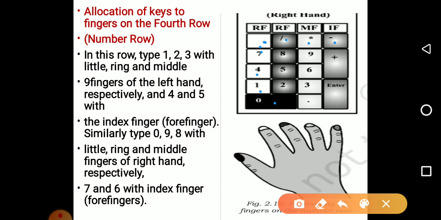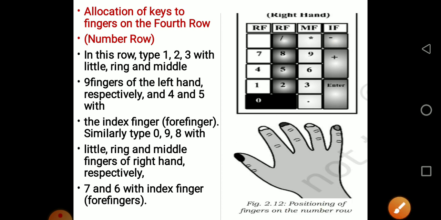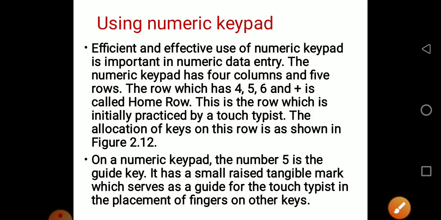It has 4 columns and 5 rows. That is what is explained here.